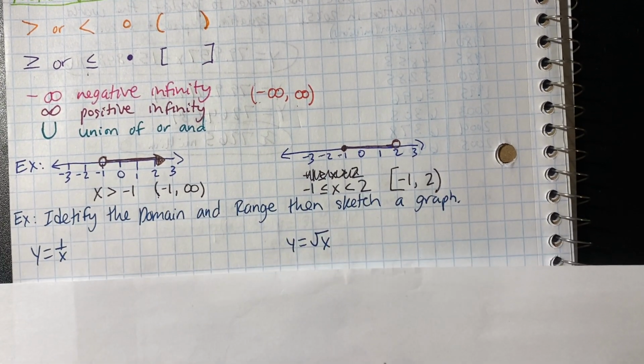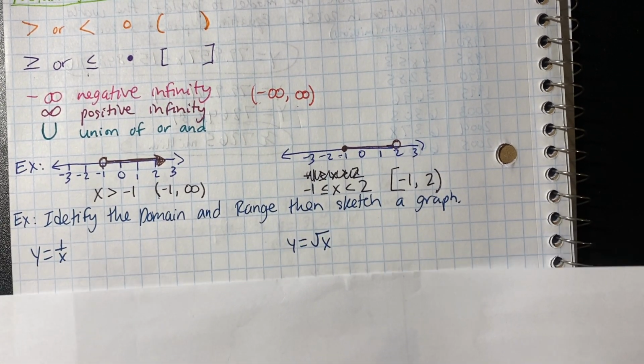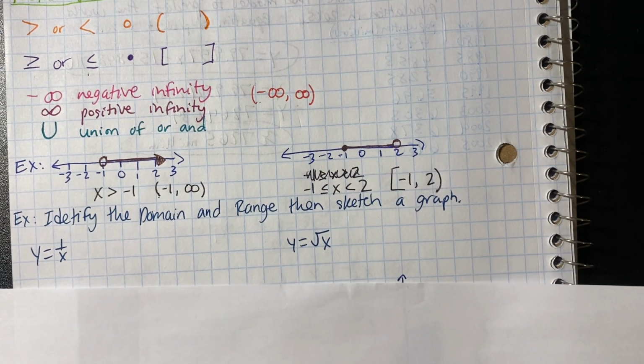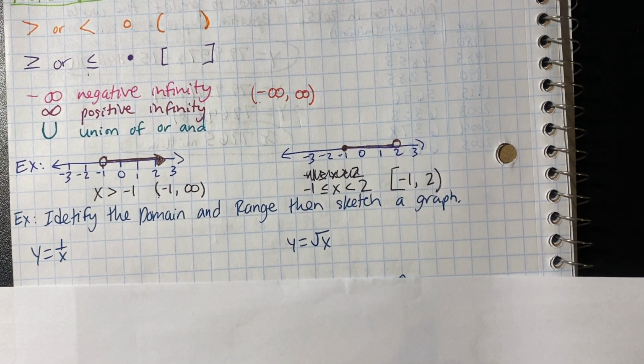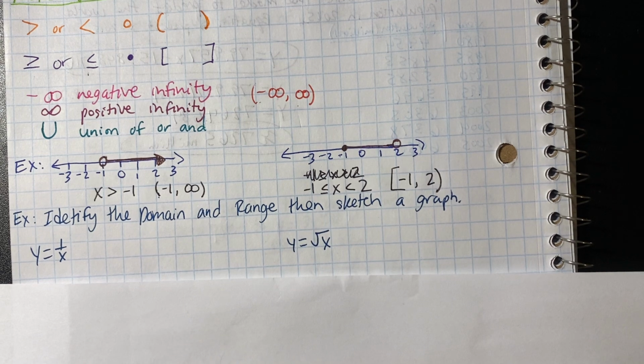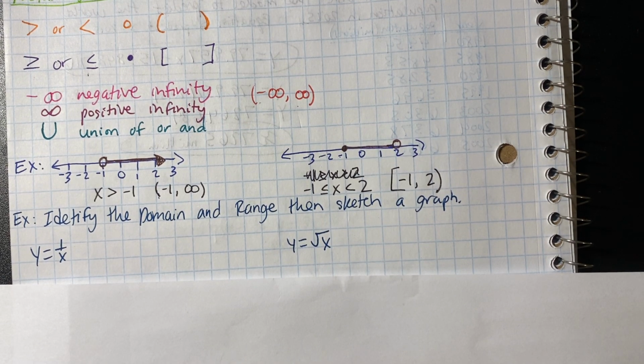All right. Identify the domain and range, and then sketch the graphs. So, we are going to think about the domain and range of these. What I might even possibly think about doing beforehand would be sketching the graphs or throwing those graphs into your calculator if you don't remember what they look like.